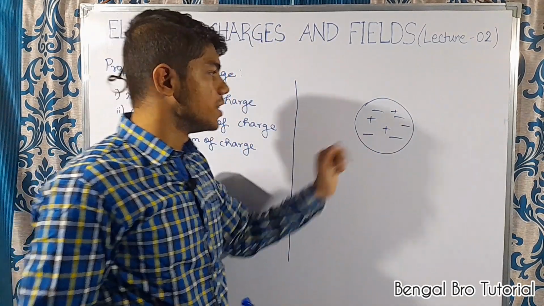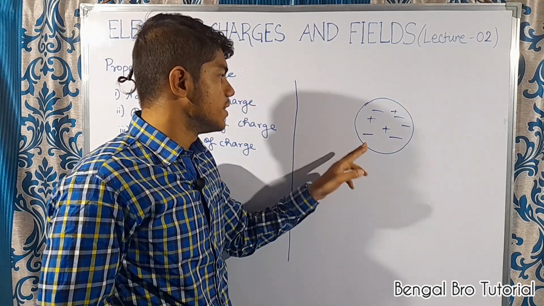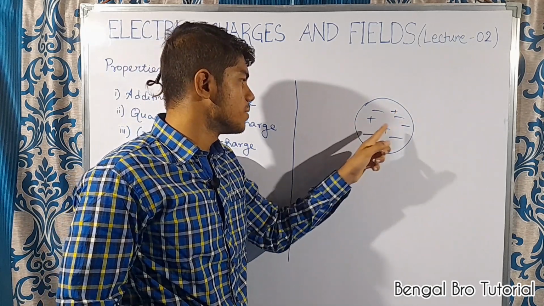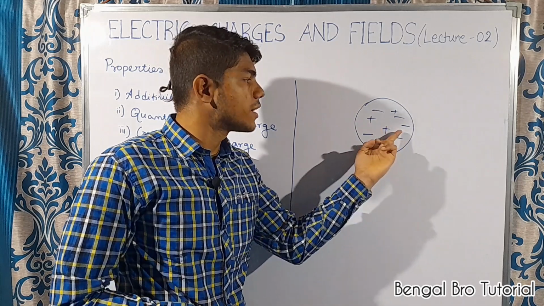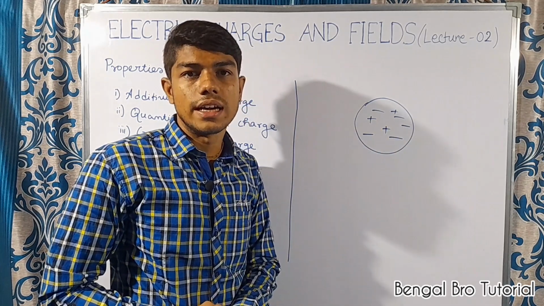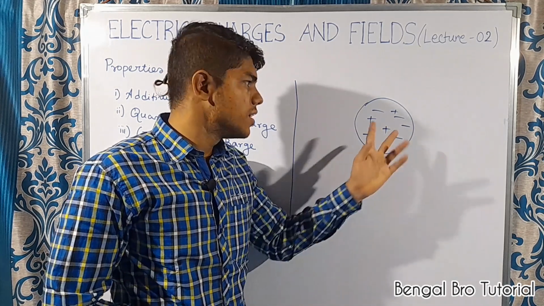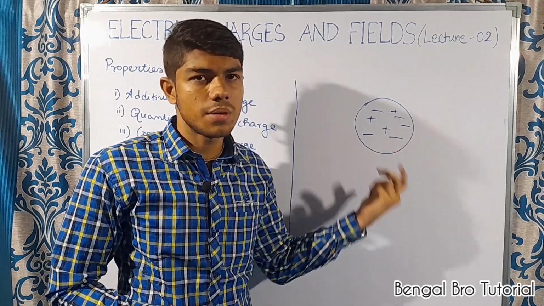Now you can see that in this body there are two electrons in excess. Obviously, these electrons have been transferred from some other body.